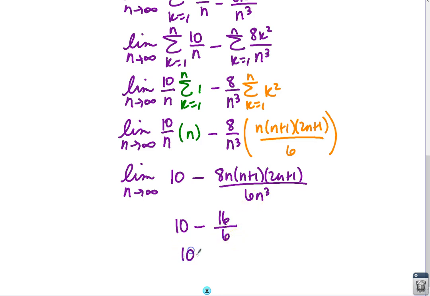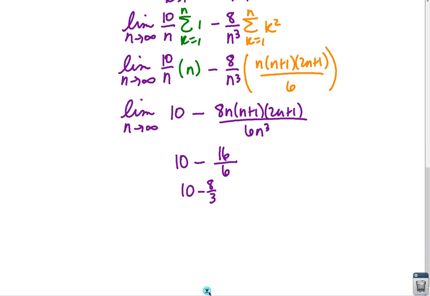So 10 minus 8/3 is equal to the actual area, which is 22 over 3, or 7.333 if I round it to 3 places. So the exact area is 7.333.